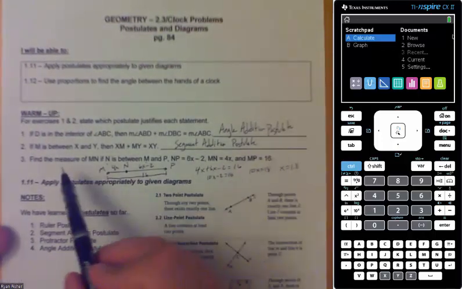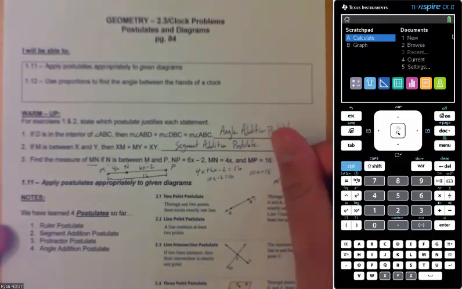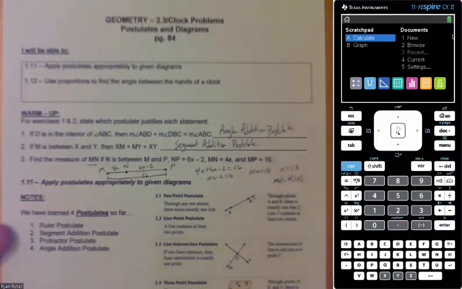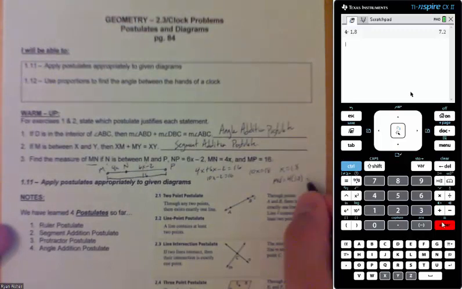With that in mind, we want to know what is the measure of MN. So MN is 4x, so I'm going to take 4 times 1.8, which is just 7.2.